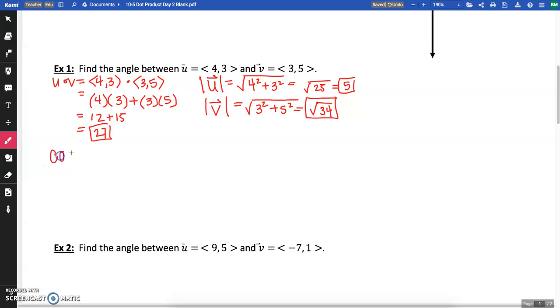So we need these 3 values to plug into our formula. We still have cosine of theta, because we don't know theta, equals the dot product on top divided by the product of the magnitudes. So I'm doing 5 times root 34. Now if I want to solve this, from way back at the beginning of the semester, we learned how to figure out an unknown angle.